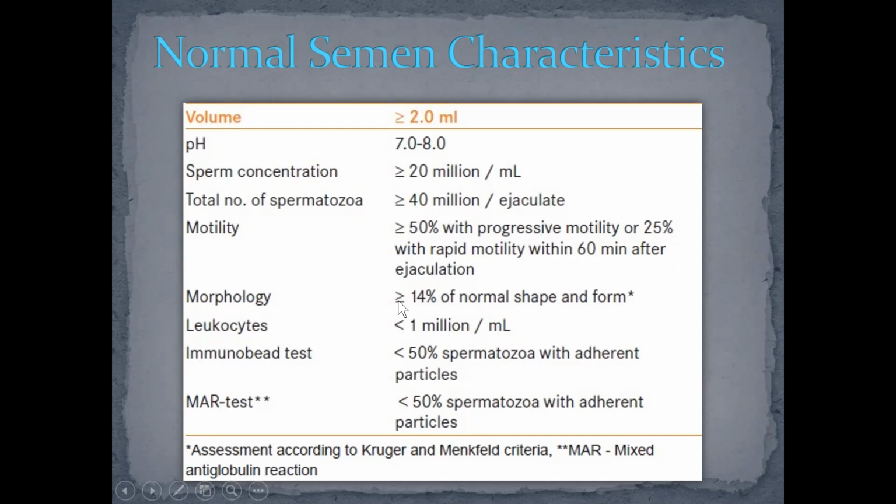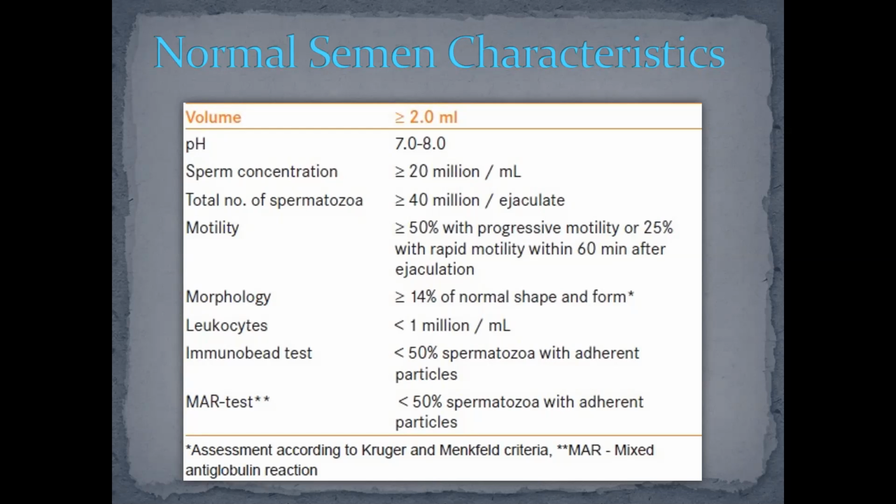Morphology should be equal to or more than 14% of normal shape and form, because in each ejaculate there exist sperm cells of different normal and abnormal shapes and forms, and that's why the normal morphology of normal semen should be at least 14% of sperm cells of normal shape.